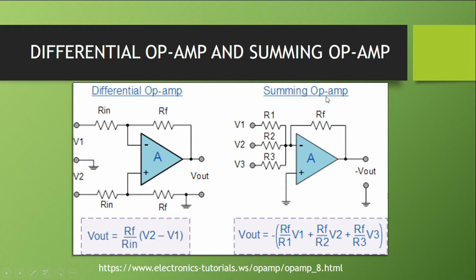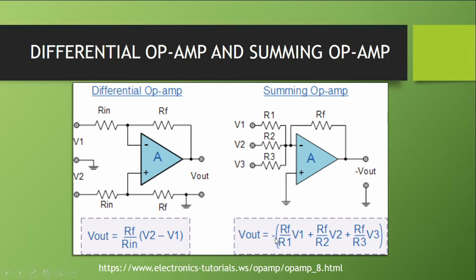For the summing op amp, we have a lot of inputs, V1, V2, and V3. Then we have one feedback resistor RF, and we have series resistances R1, R2, and R3. They're all connected to the negative terminal input.